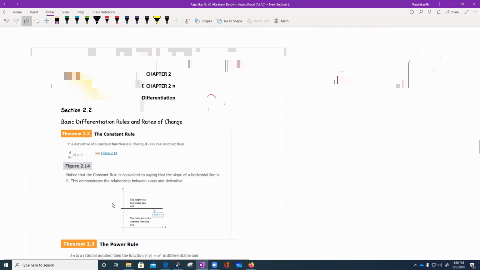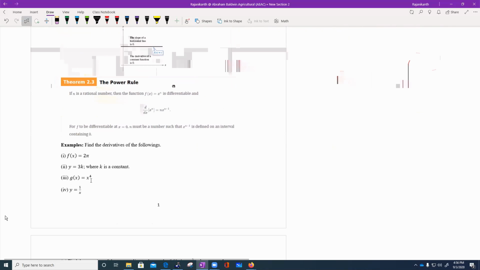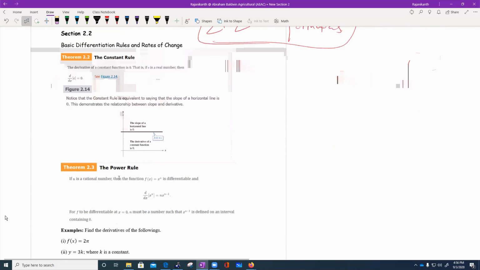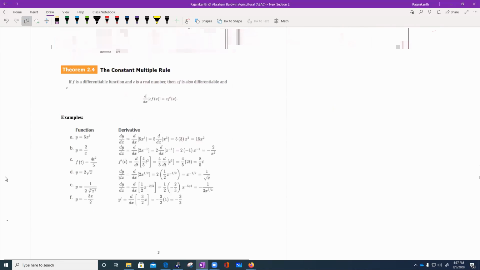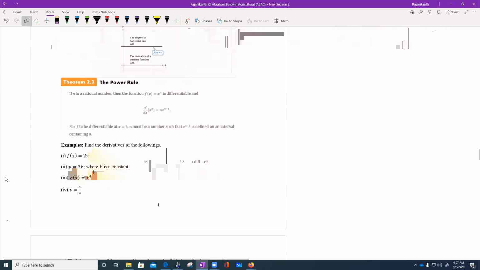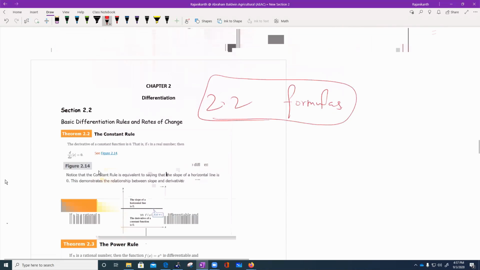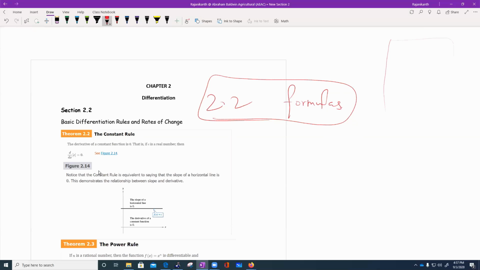2.2 is kind of learning the formulas, right? So you are going to learn a lot of formulas here. I just want you to go through this, but briefly I'm telling you, write down all the formulas you are learning on a piece of paper.